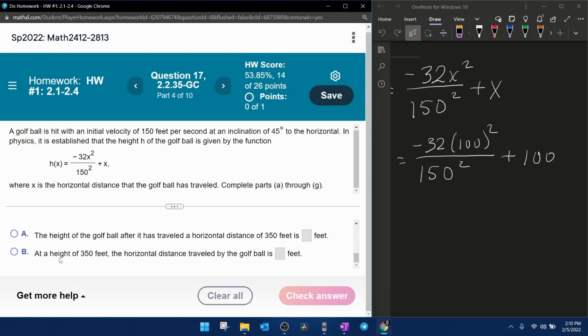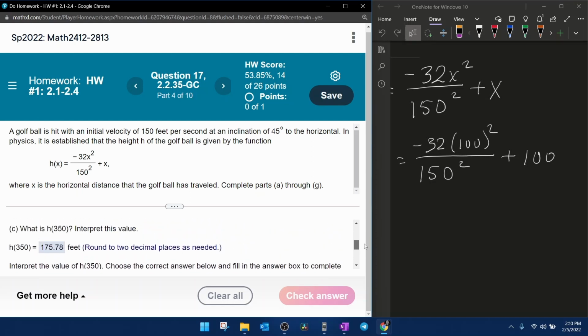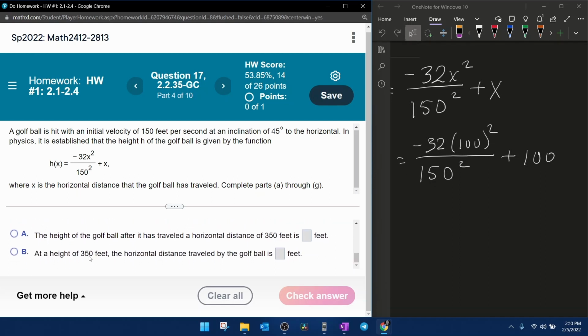Part B, at a height of 350, no, that's not correct. Right? Because it says h of 350, where the 350 represents x, where x is the horizontal distance, not the height. So it's going to be A.